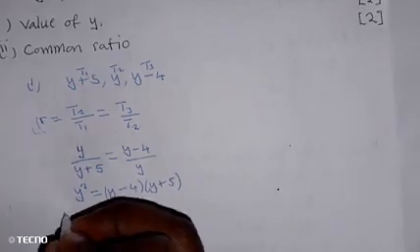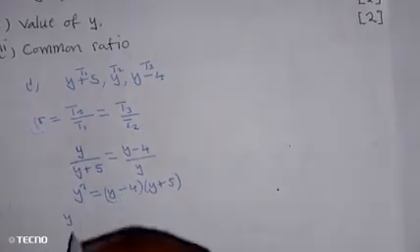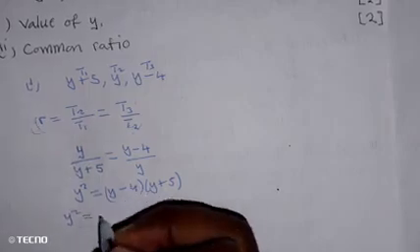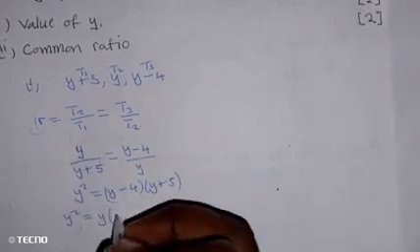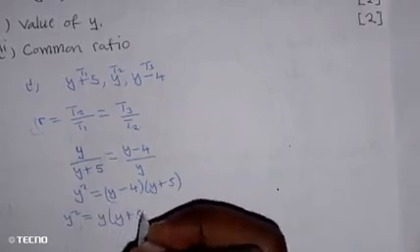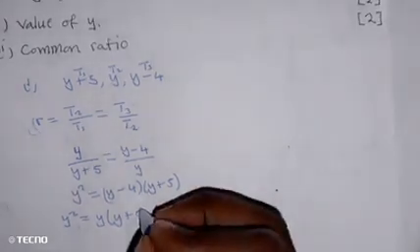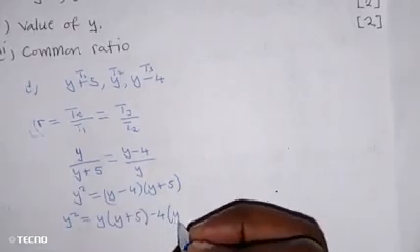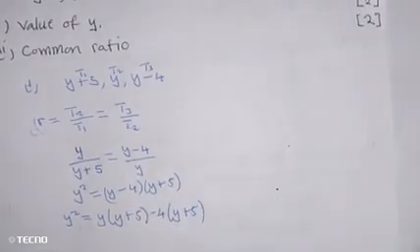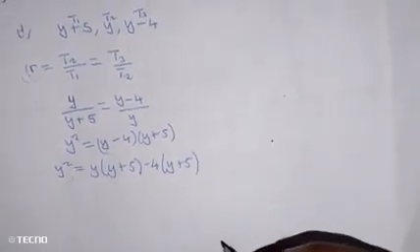Or we can write it in an expanded form, which is y squared is equal to y multiplied by this one, which is y plus 5, then minus 4 multiplied by y plus 5. So this is what we are going to multiply.